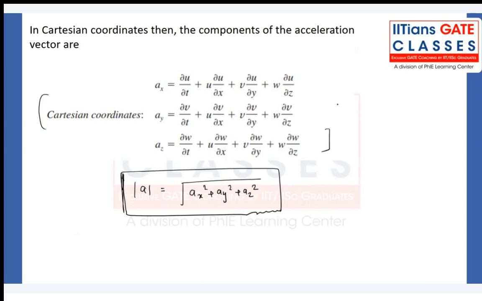Note down very carefully. u is nothing but the x component of velocity. v is the y component of velocity. And omega is the z component of velocity. Done?